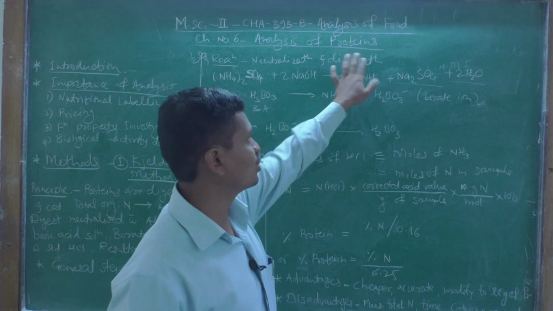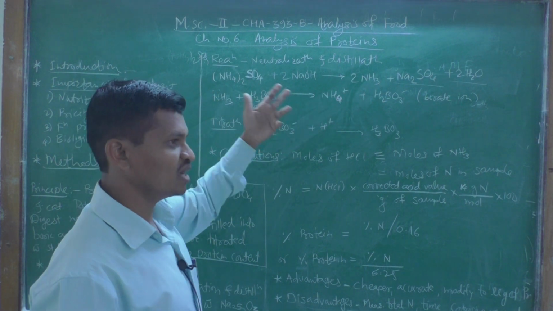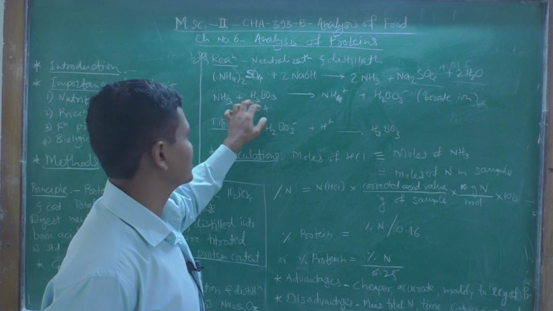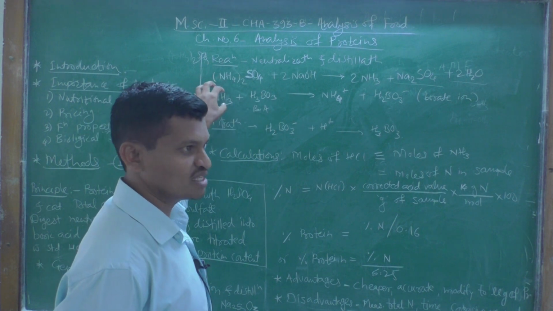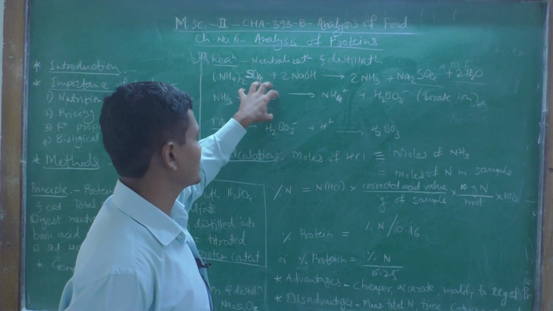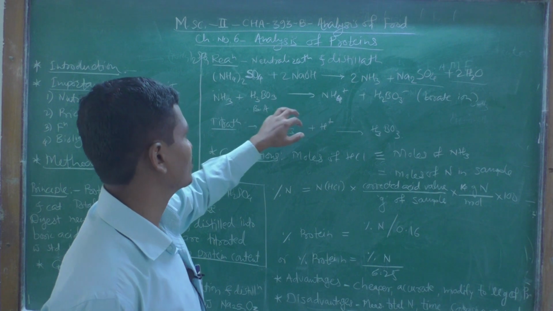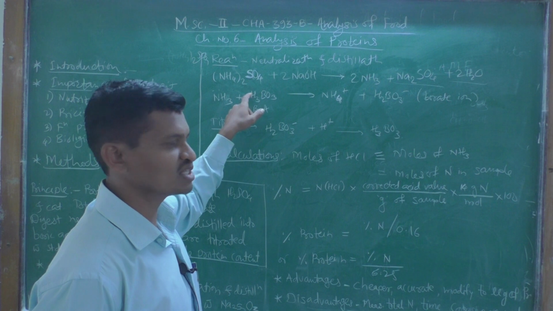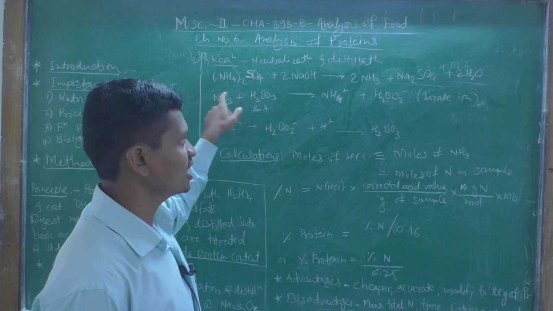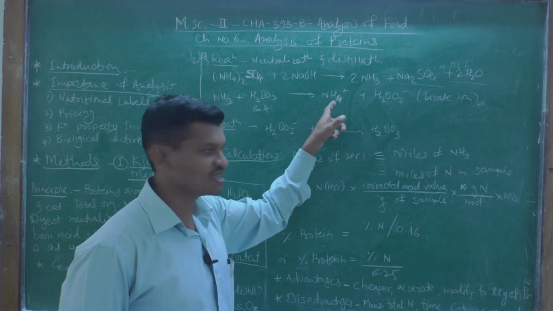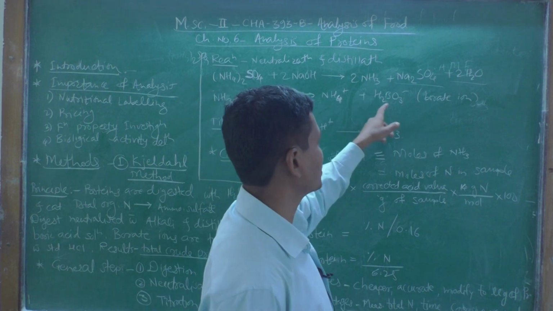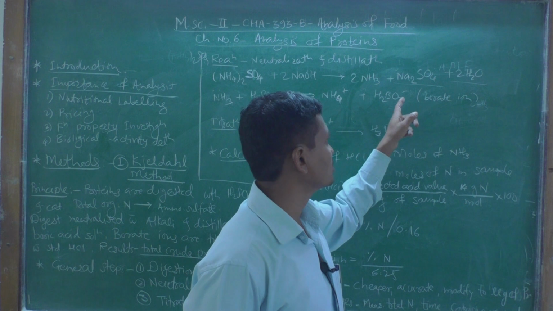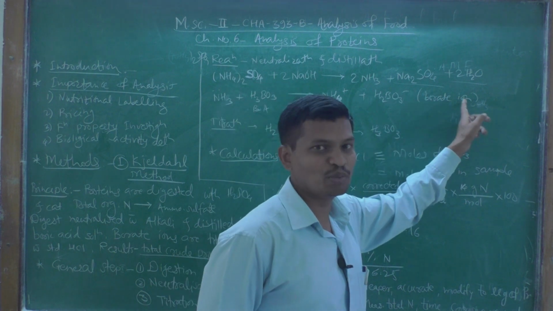This ammonia molecule, a mild base, is treated with boric acid. Boric acid is a proton donor, so one of its protons is donated to the ammonia. It is converted to ammonium ions, NH4 plus, and the counter ion is the borate ion, H2BO3 minus.